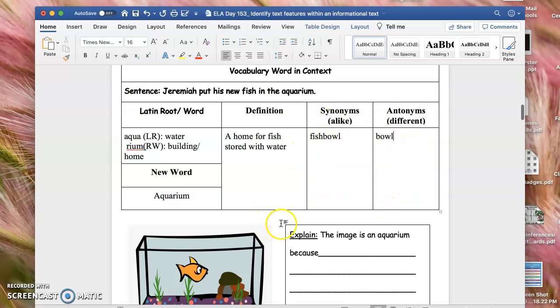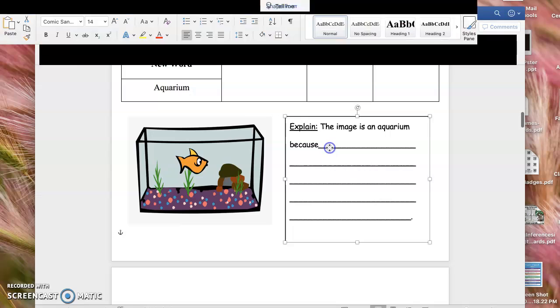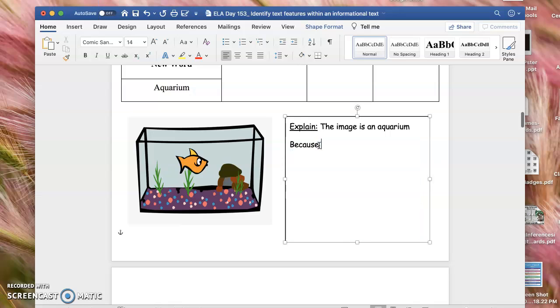All right, so how do we know that this picture is an aquarium? As you can see, the aquarium is filled with water and it has a fish. So I know that this image shows an aquarium because it is a home for fish filled with water so they can survive.